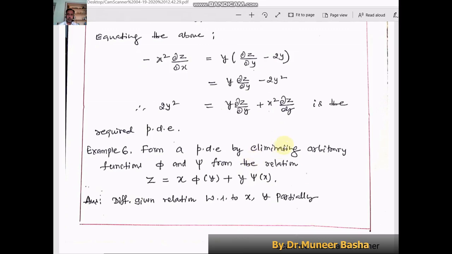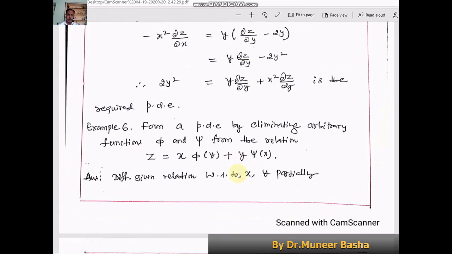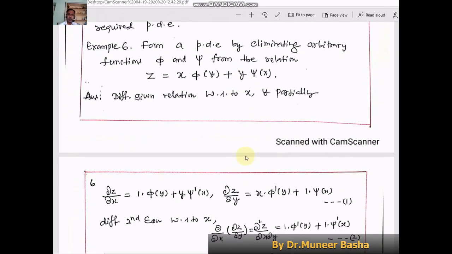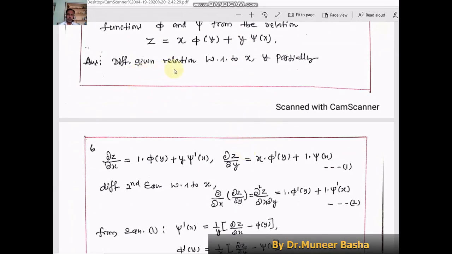In the next example, form a partial differential equation by eliminating the arbitrary functions phi and xi from the relation z equals x into phi of y plus y into xi of x. So here phi and xi are the arbitrary functions. These two we have to eliminate and formulate the required partial differential equation. Now differentiate the given relation with respect to x and y.